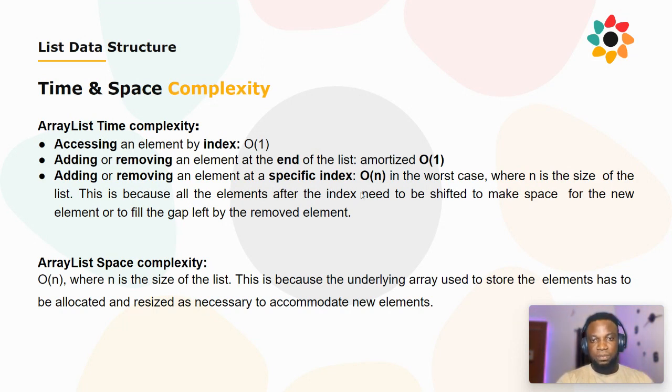Now, if you're adding at a specific index, imagine you have an array with 1 million or 2 million records, and let's assume it takes 1 second to move between each item. That's just an assumption.